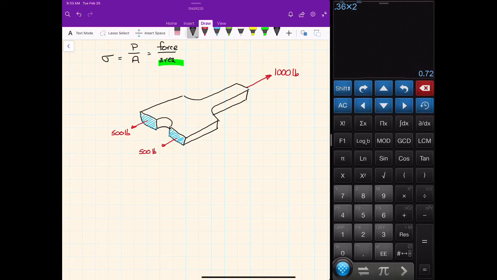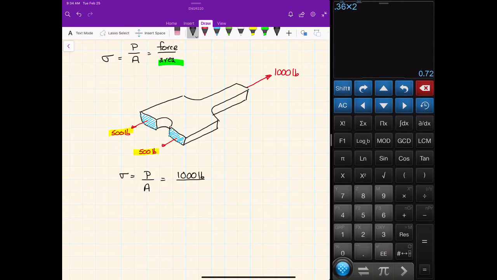All right, so let's put some numbers in here. So sigma equals P over A, force over area. The force is, let's just do the total, 1,000 pounds. And that 1,000 pounds is these two 500s added together. And then the area is the total area of these blues. So there's two of them. But let's do it this way.